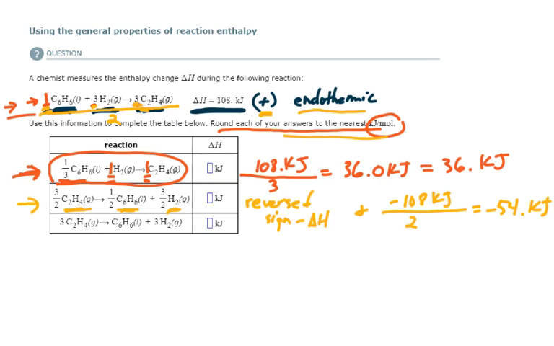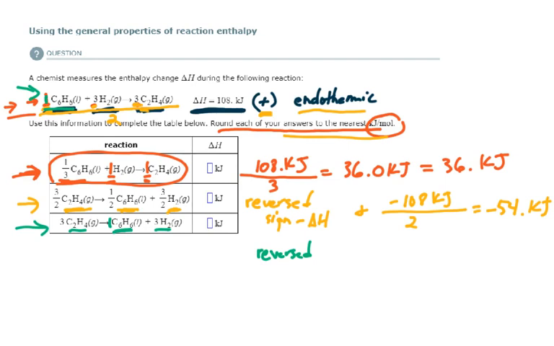And then look at this final reaction from this problem. I've got 3 moles of ethylene, 1 mole of benzene, 3 moles of hydrogen gas. When I look at the original reaction, I started out with 1 mole of benzene as a reactant. Here I have 1 mole of benzene as a product. That tells me again that this reaction is reversed from the one given in the original information.